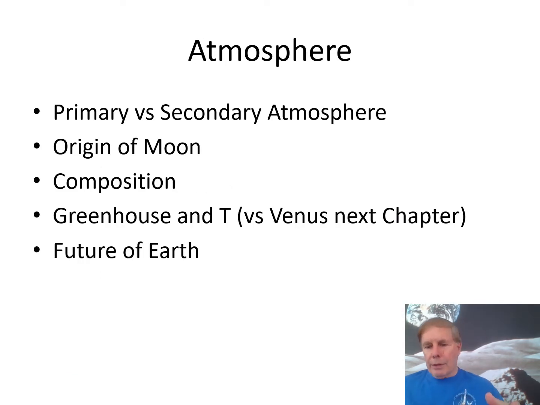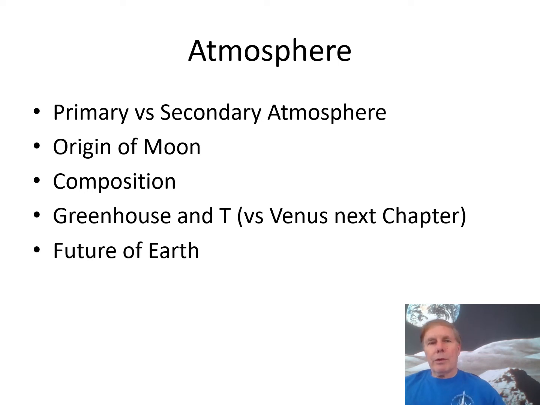Now, talking about the atmosphere for a second, primary versus secondary. Primary would mean that we've got the same atmosphere that we had from the beginning. That's almost impossible because the origin of the moon involved a very large impact of the Earth. Roughly, we're talking a Mars-sized body came in and hit the Earth and blew material all over the place.